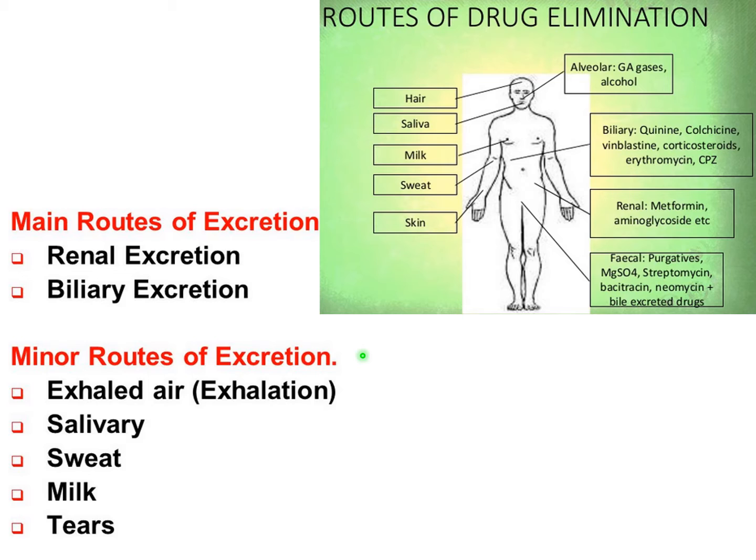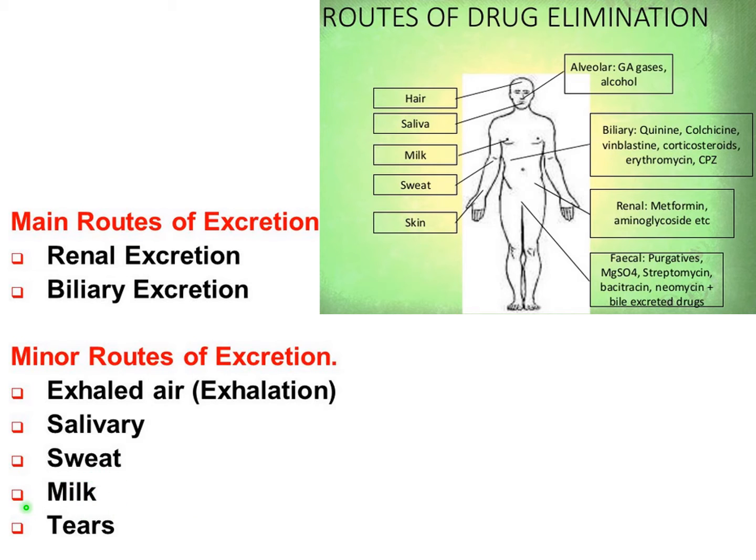Now, this is not the only way. Volatiles will be exhaled from lungs. Saliva can give some level of excretion. Sweat can be a significant way of excretion, especially when kidney do not work properly.